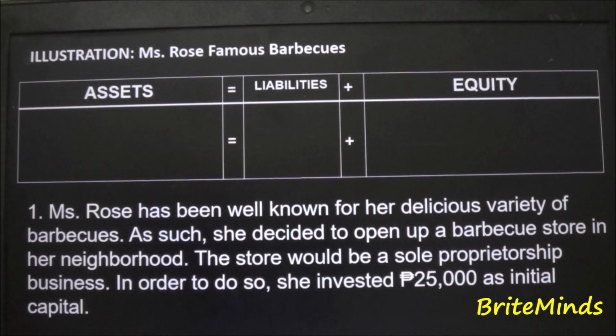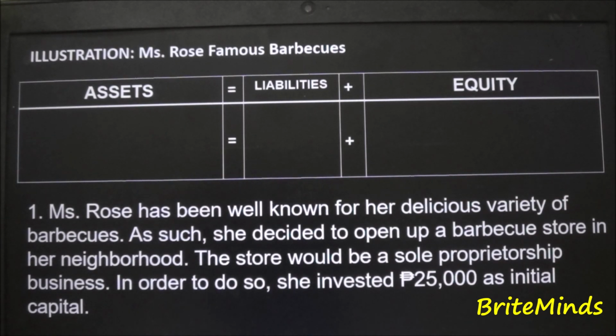As such, she decided to open up a barbecue store in her neighborhood. The store would be a sole proprietorship business. In order to do so, she invested 25,000 pesos as initial capital.